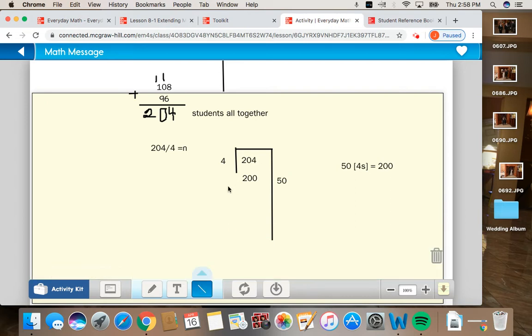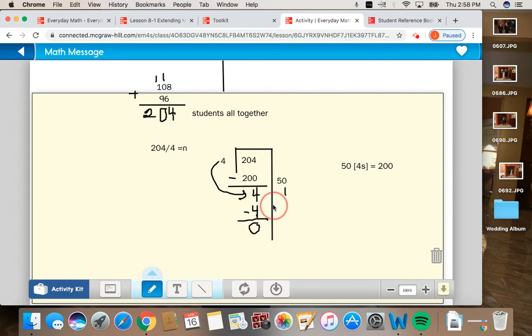And then I'm going to subtract 204 minus 200, and I end up with 4. I know 4 is not my remainder because I can make another group. How many 4s are in 4? And that is 1. 1 times 4 equals 4. So now all I need to do is subtract, and I have a remainder of 0.